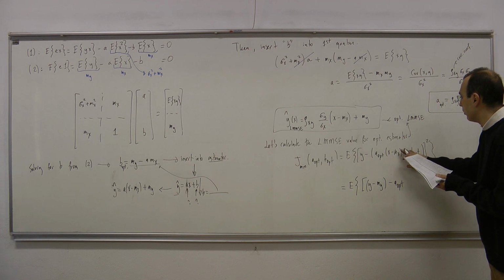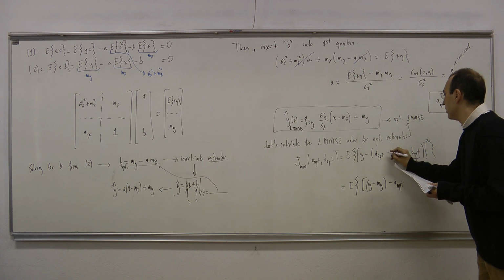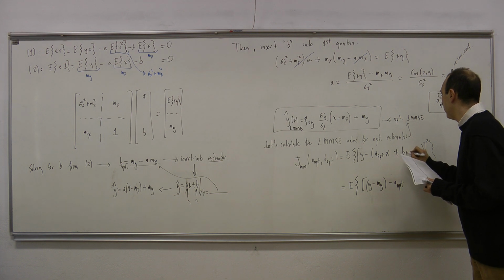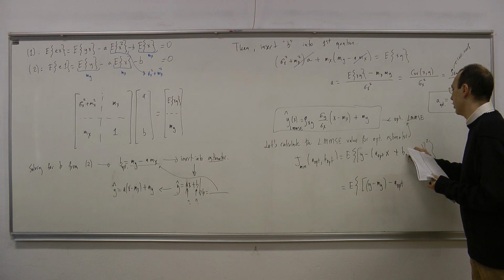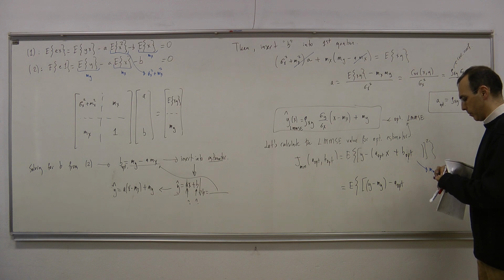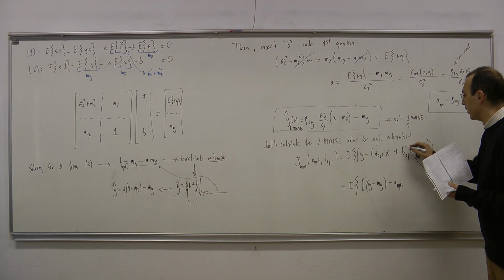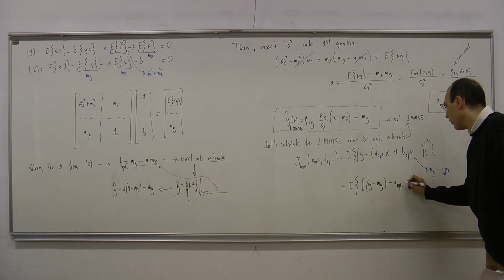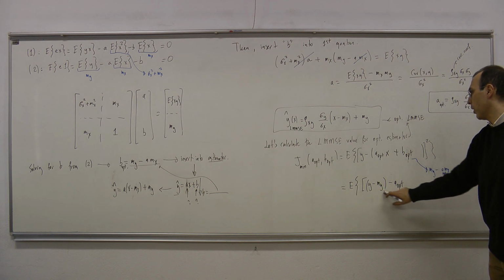Sorry, I made a mistake over here. So this is equal to A_OPT x plus B_OPT. Sorry for this. So this is the general form of the estimator with optimal coefficients. Okay, now this is correct.